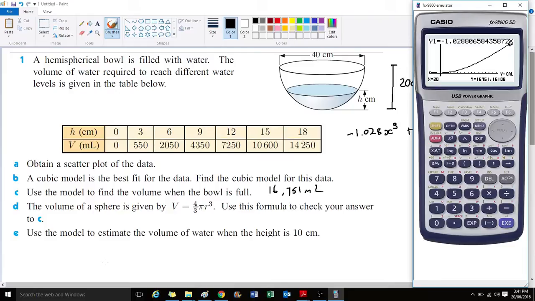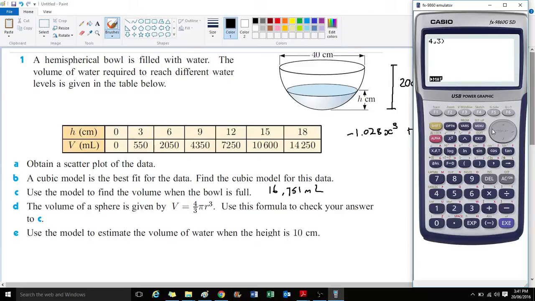Then they might have some problems like this where they say the volume of a sphere is given by this. They give you the formula for the volume of a sphere. Use this to check your answer. Well, we have a sphere with a radius of 20, but this is a half sphere, so let's put it into the formula and see what happens. So we have 4 on 3 pi.